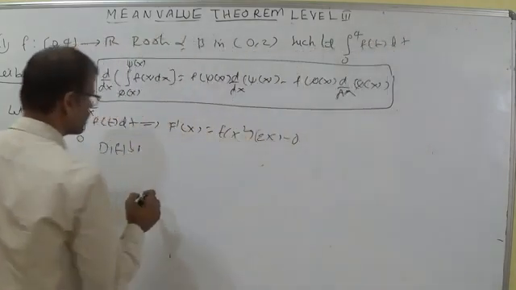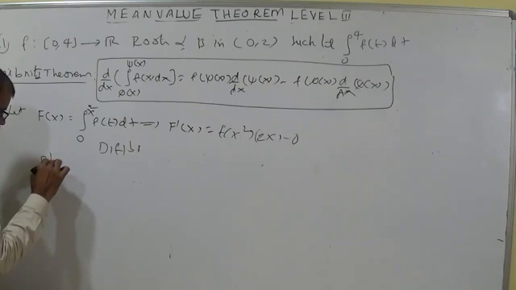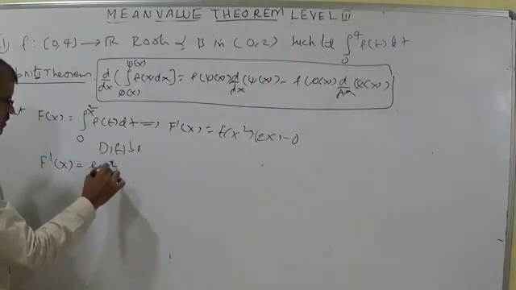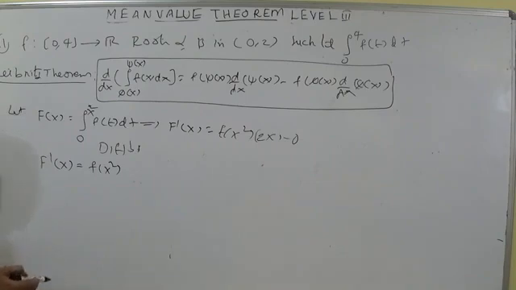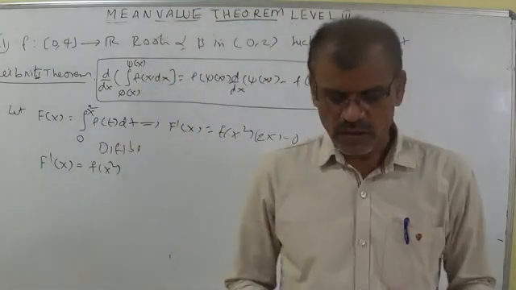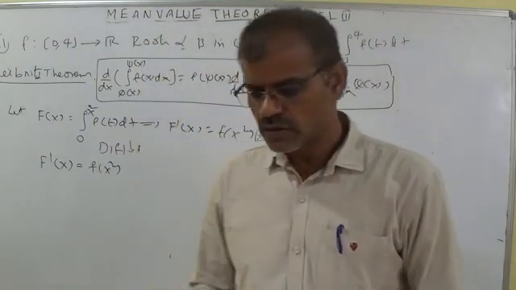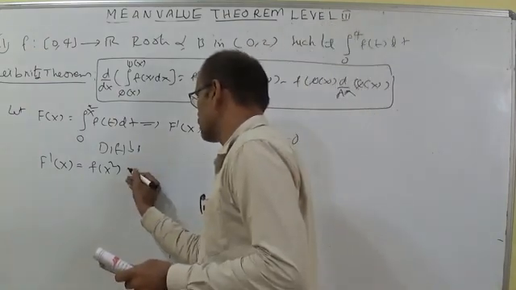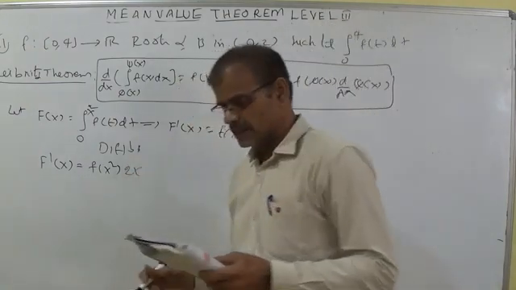Therefore capital F dash x we got as f of x square into 2x. Now let us see some questions.